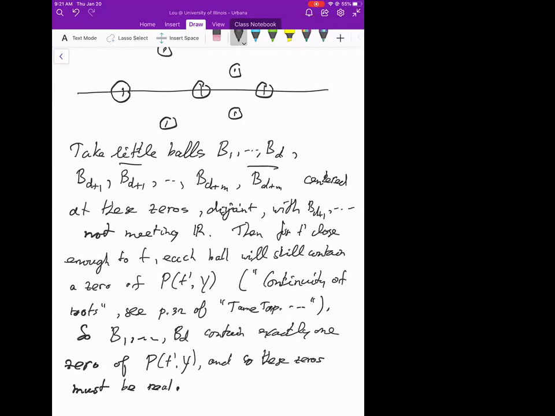So that means that also these complex, non-real balls, the zeros that lie in there will not be real, because these balls do not meet the real line. And so the number of real zeros stays the same, and the number of non-real zeros also stays the same. This also shows that these real zeros are continuous functions of t.